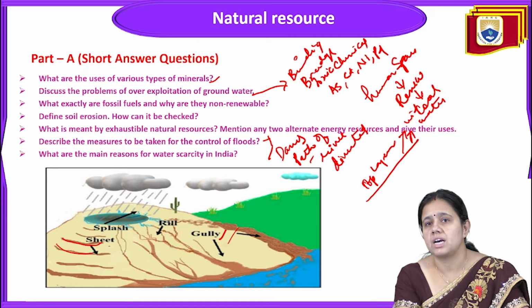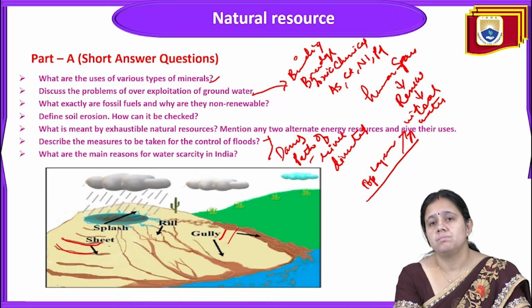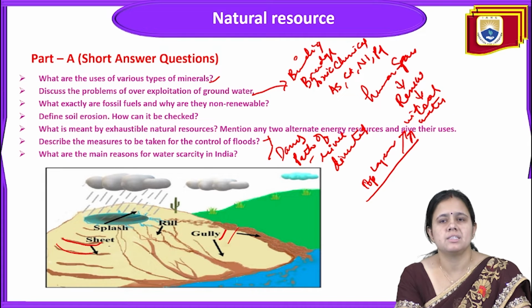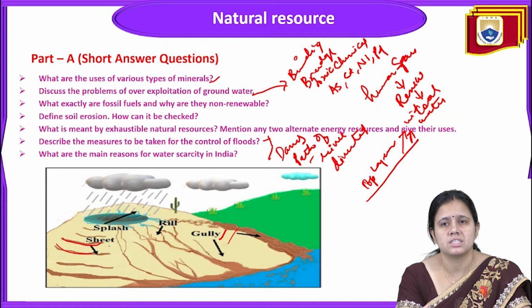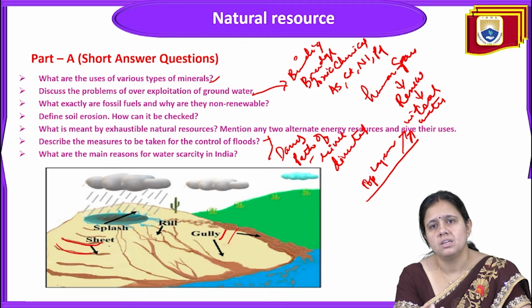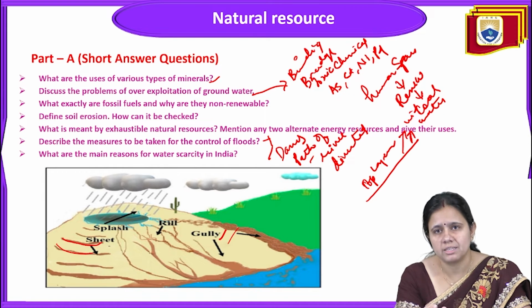What are the main reasons for scarcity of water in India? Due to over exploitation or over consumption, or not being aware about water resources, there is water scarcity in India. Due to climate change and dry weather, the monsoon pattern has been changed in India.